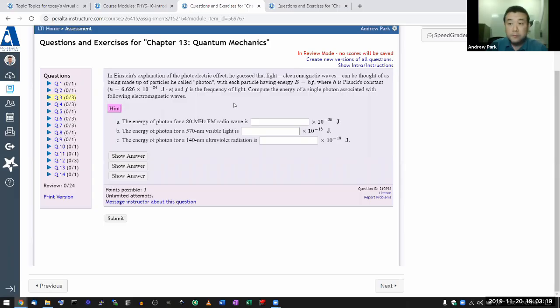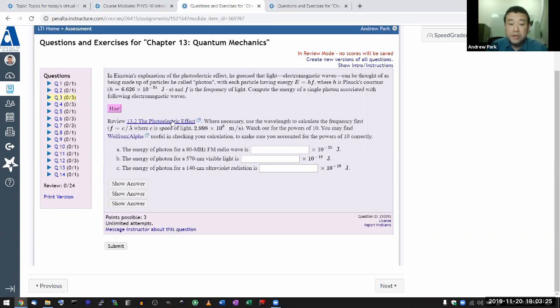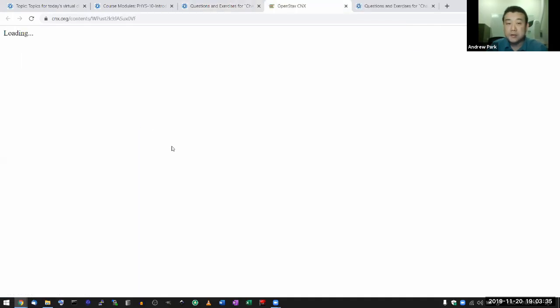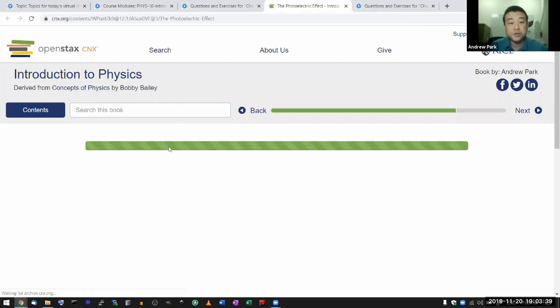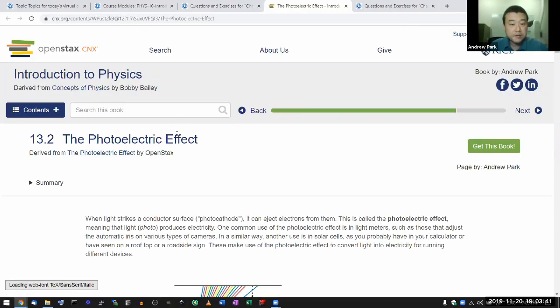Now, even for the calculation questions, the hint tries to give you help where it's needed. A lot of times it'll say review the section, and it's mainly because the key formulas, key relationships you need to use are in the section.